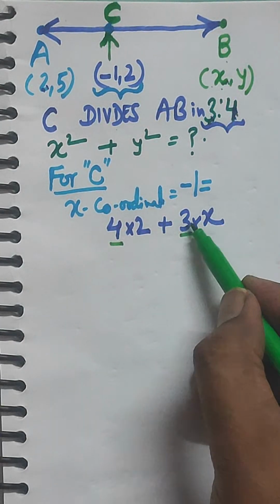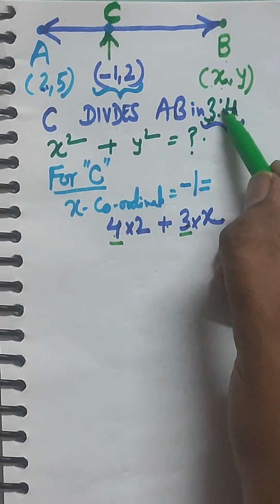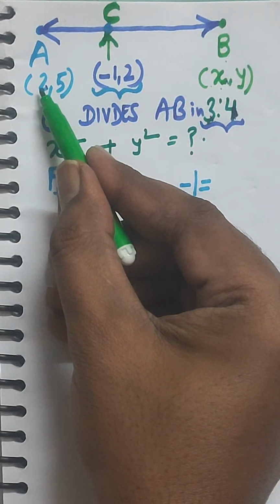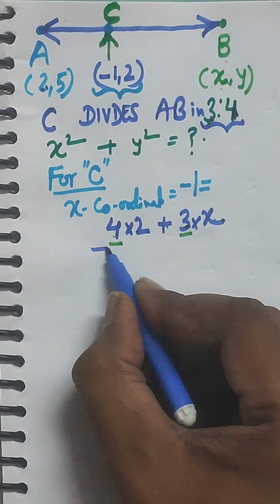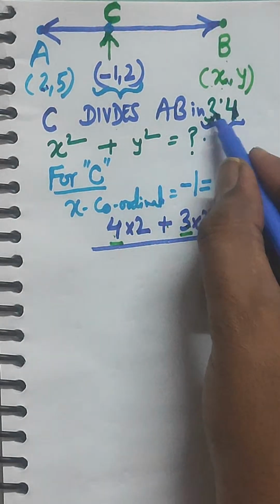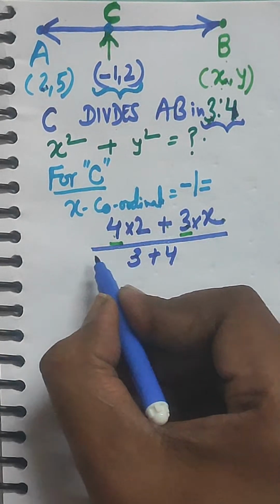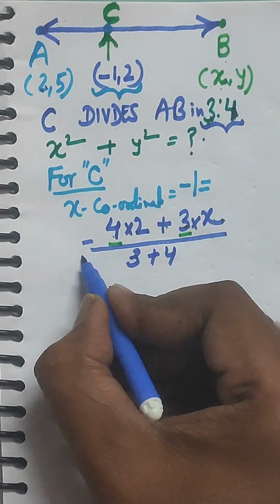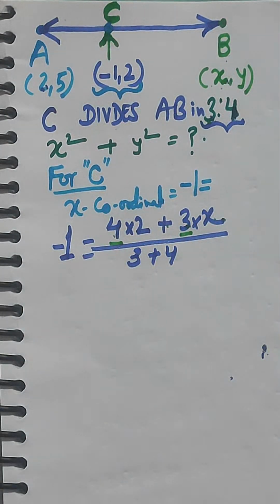That's why 3 into x, added with 4 into 2, because 4 is coming at a later point, so this will be multiplying with the abscissa of the first point. In this way this will be divided by 3 plus 4. This will give you the x coordinate, and the x coordinate of point C is nothing but -1.